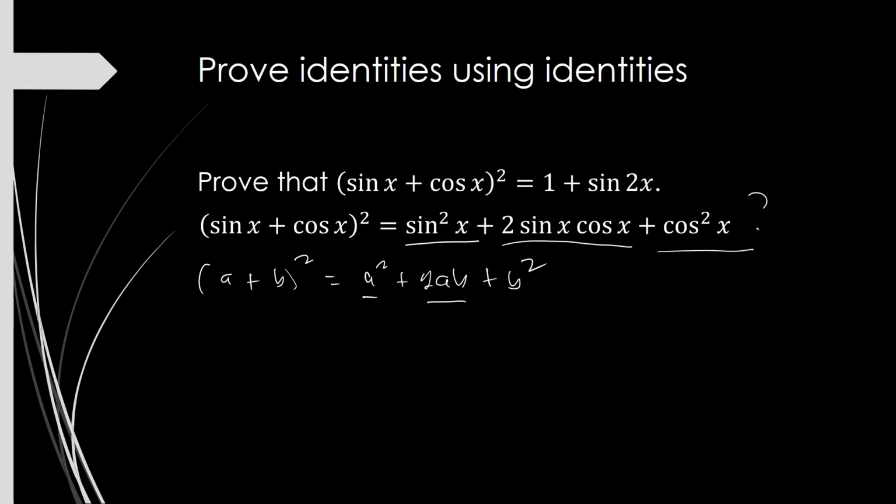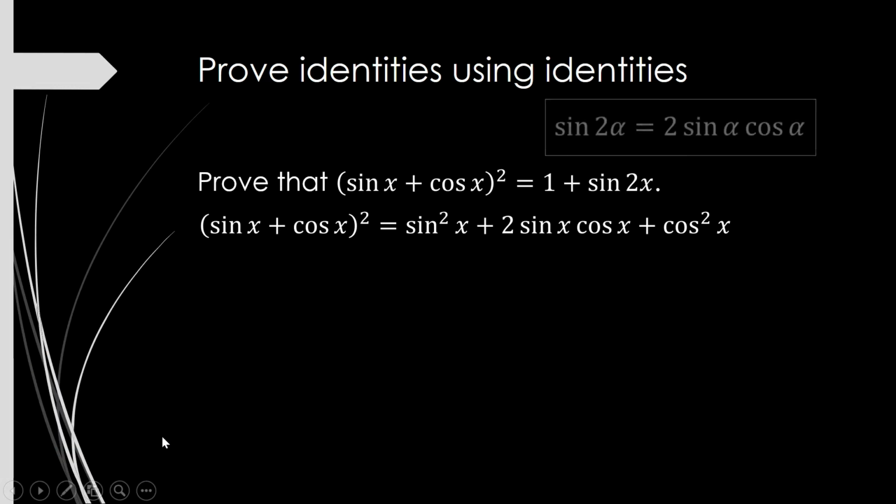This is just the direct application of your special product. Now, just in case you cannot do the special product, what you do is you just multiply this term by term.